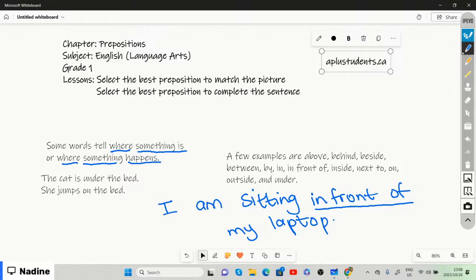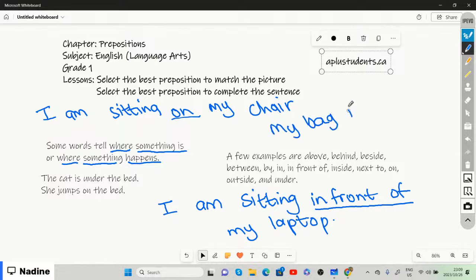Or you can say, I am sitting on my chair. So on is the preposition, right? If there's something under the table, you can maybe say, my bag is under the table or under my desk.